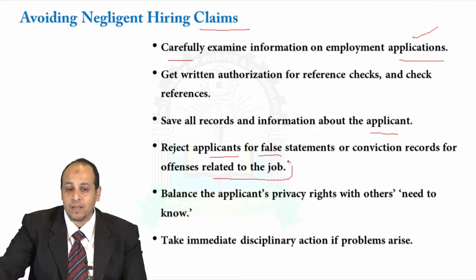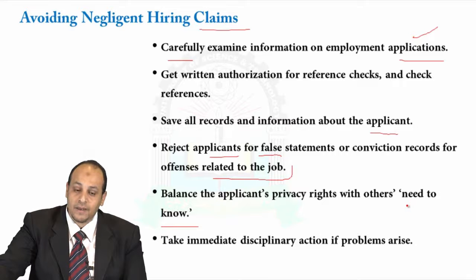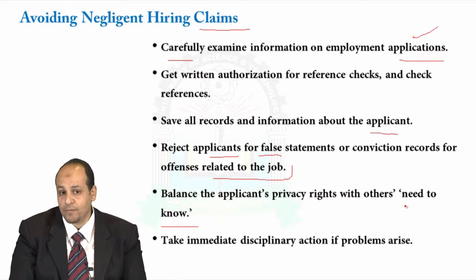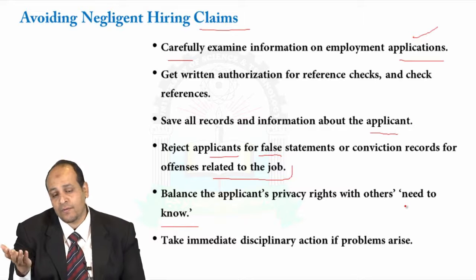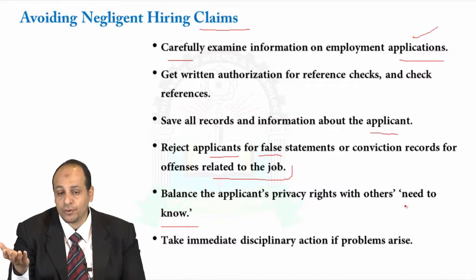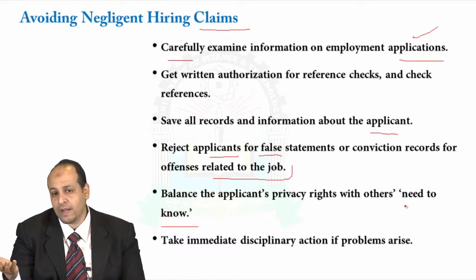So this can be handled by balancing the applicant's privacy rights with others' need to know. When we talk about the need to know, it's only the information that we in a company would like to know in order to carry out the needed procedures and take the right decisions as for selection.